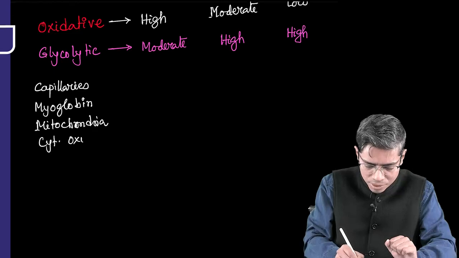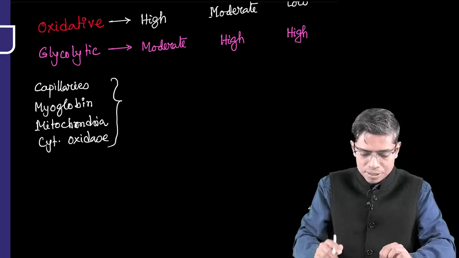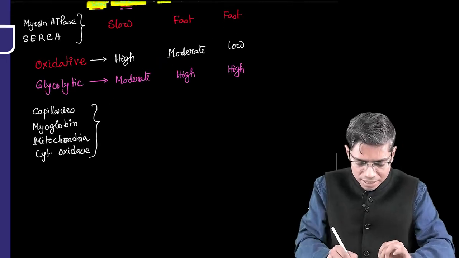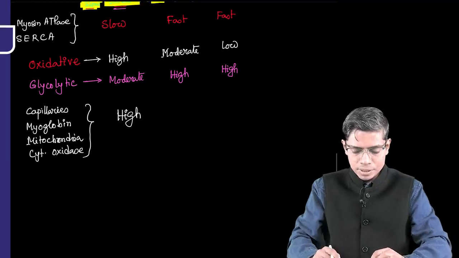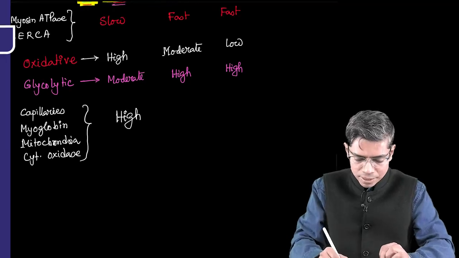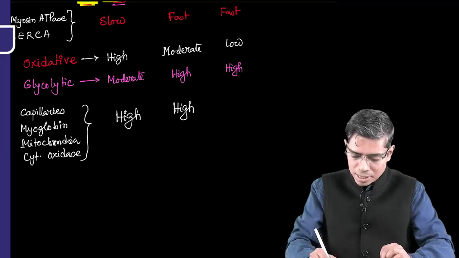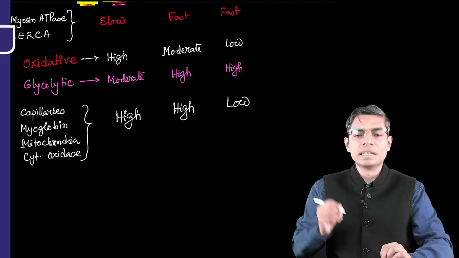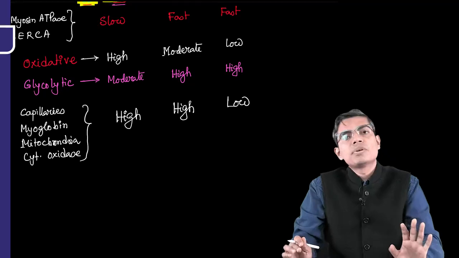So cytochrome oxidase enzyme, all this should be very high in case of type 1 muscle fiber, okay, and it should be high in case of type 2A also, but it should be very low in type 2B muscle fiber, because that is purely glycolytic.